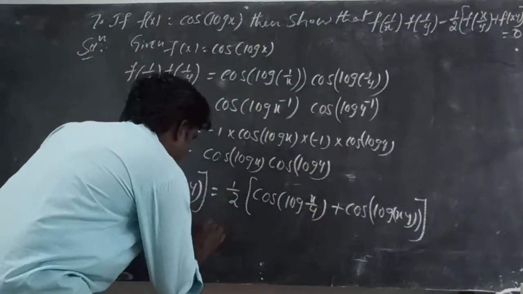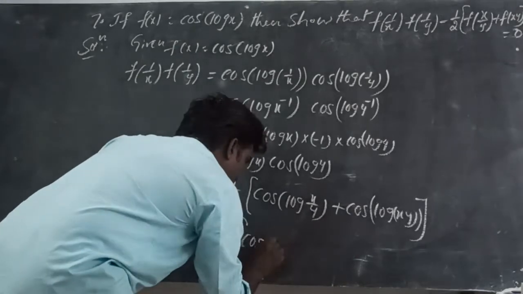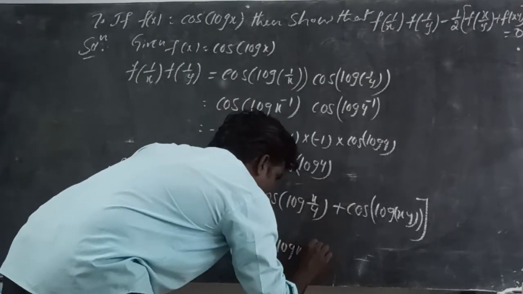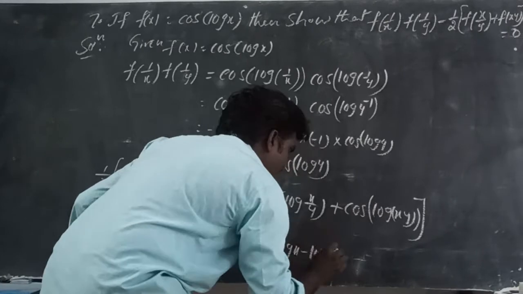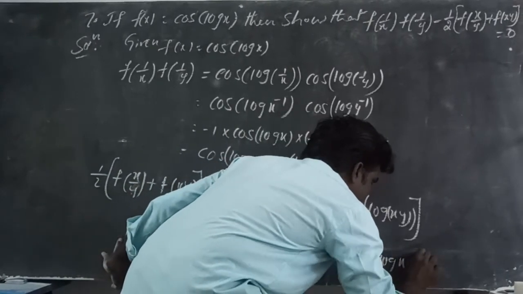So this can be written as 1/2 [cos(log x − log y) + cos(log x + log y)].